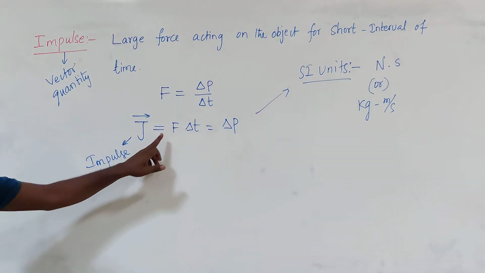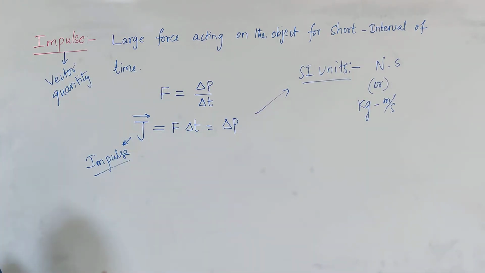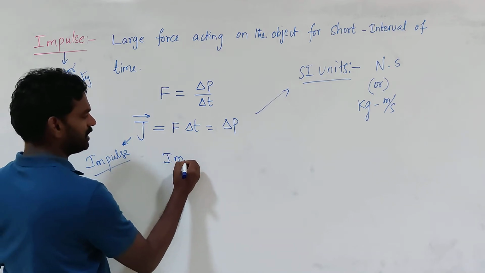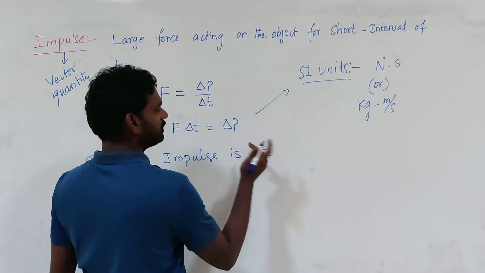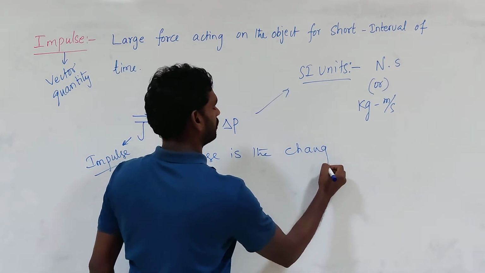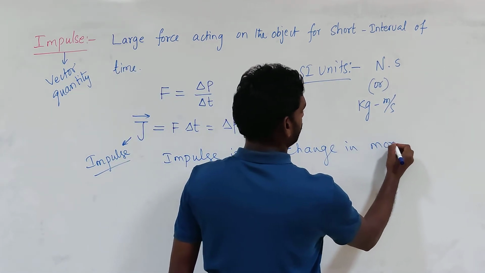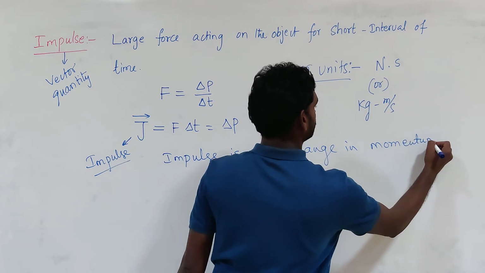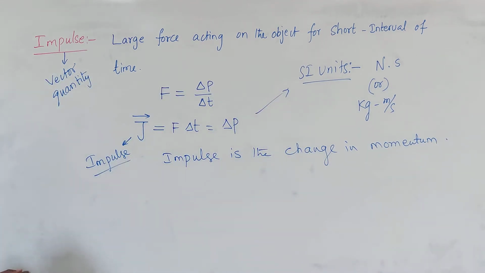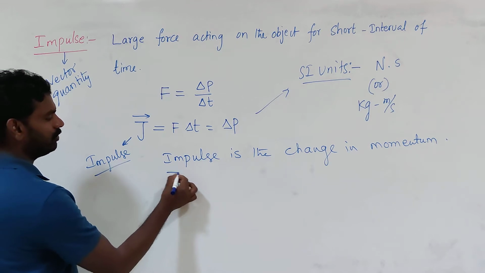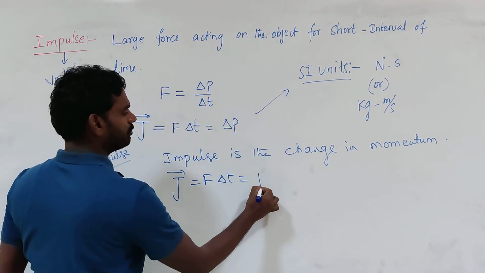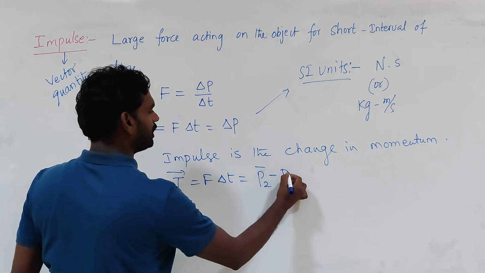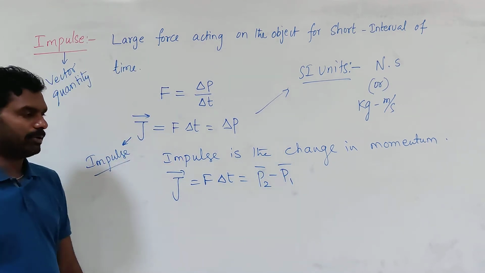So F delta T equals, simply, the impulse is the change in momentum. So J equals F delta T, which equals the change in momentum. Change in momentum is nothing but final momentum minus initial momentum.